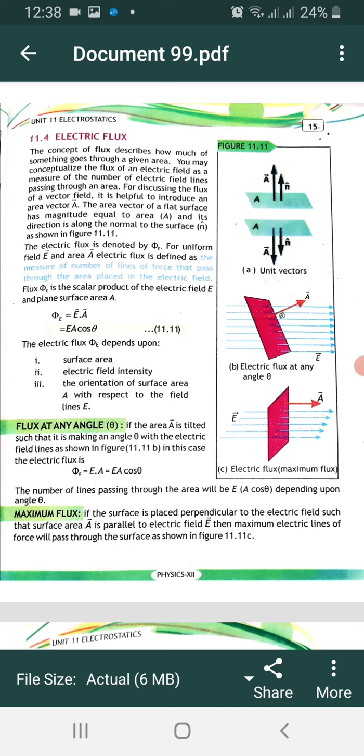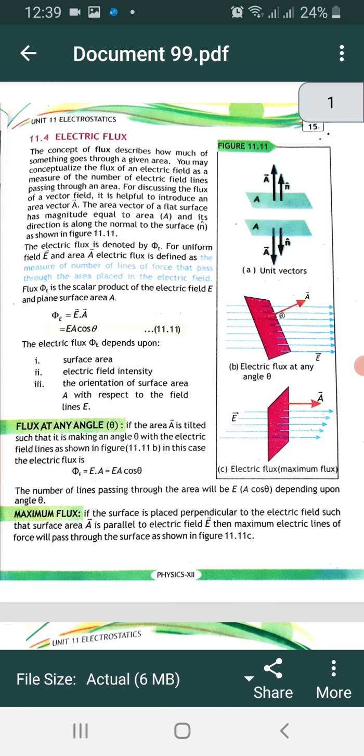Okay, so now we are going to put this vector area in some external electric field in order to measure the electric field line quantitatively. For the first case I am going to consider this surface area which makes some angle theta with respect to the electric field line, which is an arbitrary angle theta, right? It could have any value.